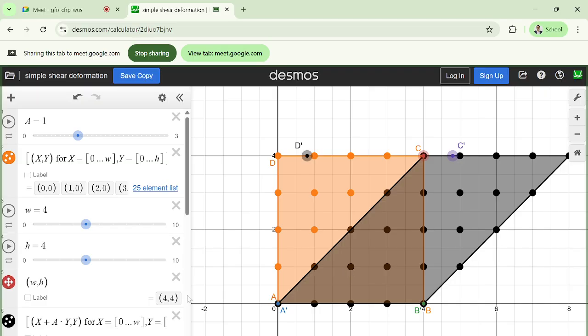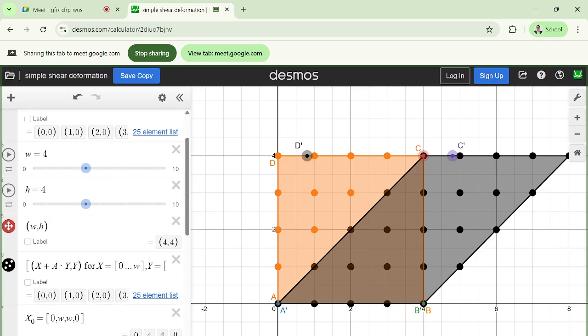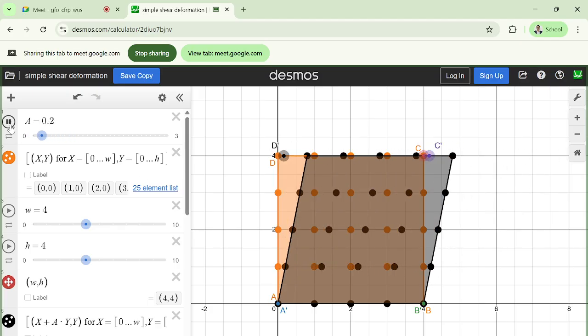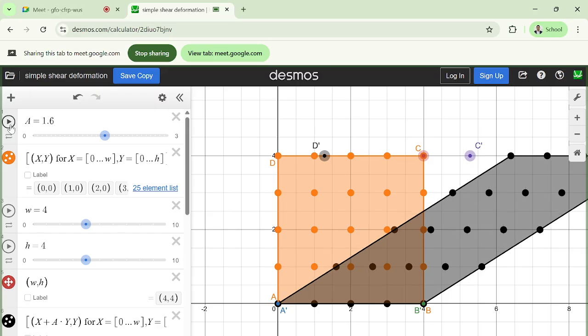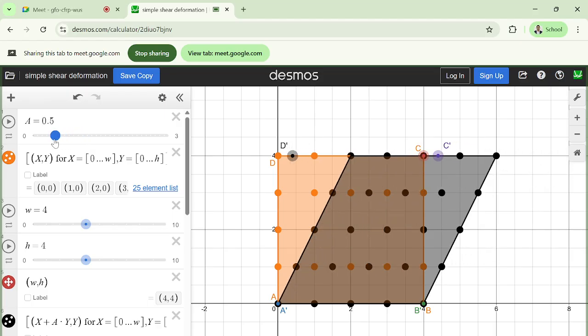So we can play with the motion field from here and do whatever we want. This is a simple shear deformation. Similarly, we have other deformations which we will see subsequently as we move along the course.